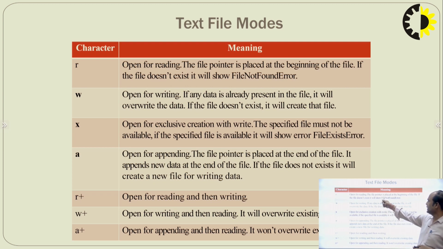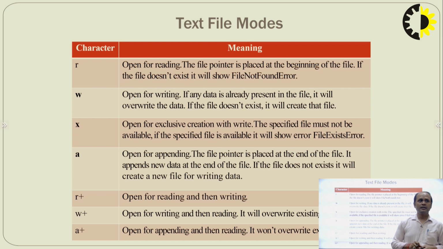The file pointer is placed at the beginning of the file. If the file does not exist, it will show a file not found error. When we use the open function, we pass the file name and the file mode. Suppose we pass one file name and the mode R. What do we mean by R?